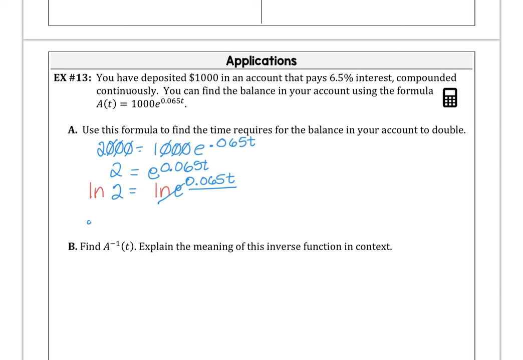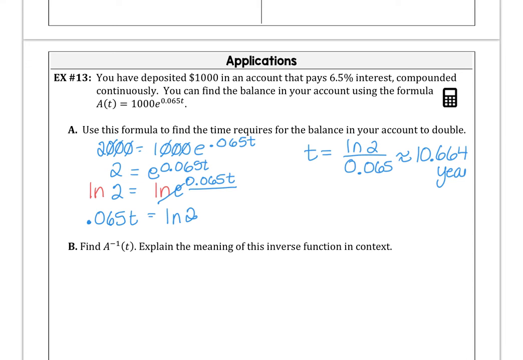So natural log of 2 is 0.065 t. Dividing by 0.065, natural log of 2 divided by 0.065 is t. As a decimal, that's about 10.664 years. So in the 11th year, your money's going to double. And you can check that using your graphing calculator.